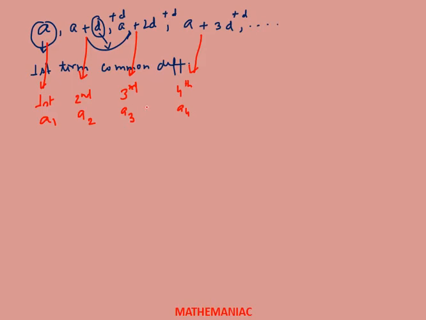Then the general pattern you observe is going to give you the formula for the general term, or we call it the nth term, right?